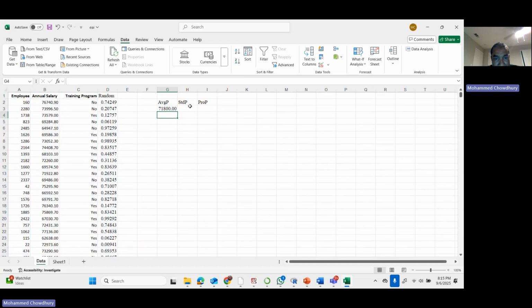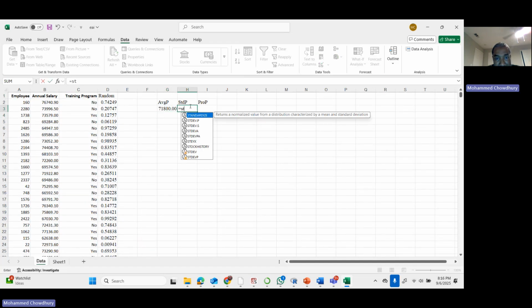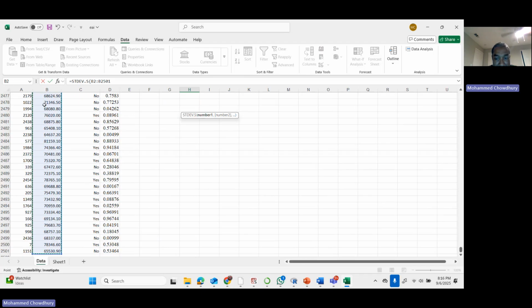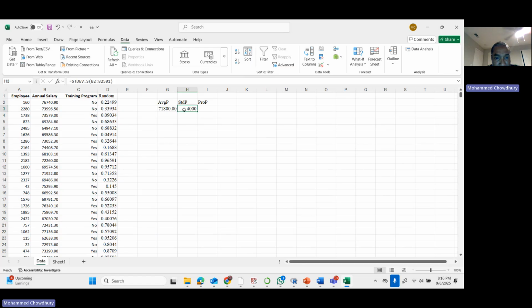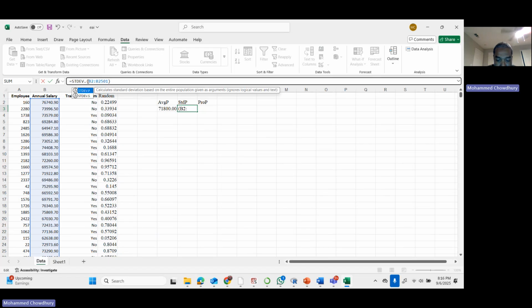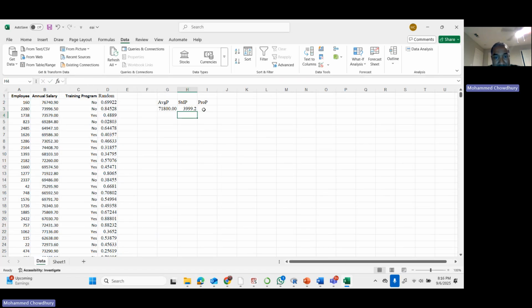Then for the standard deviation, I select all the values from here up until there, and this is the standard deviation that we have computed. This is the standard deviation for the population, so I have to put P there.